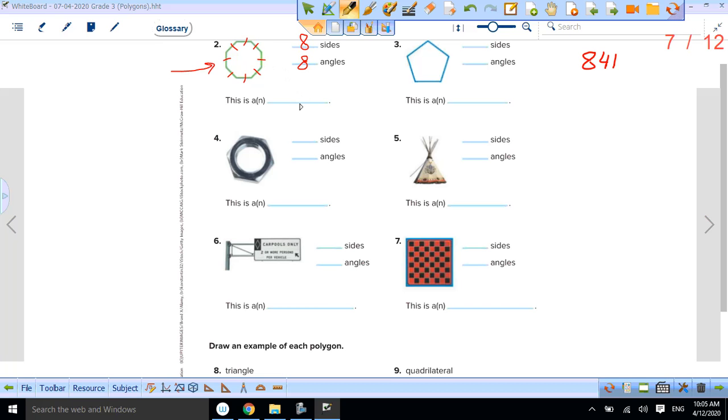Yes, octagon. This polygon, 1, 2, 3, 4, 5. So it has 5 sides and 5 angles. What is the name of this polygon? Yes, pentagon.